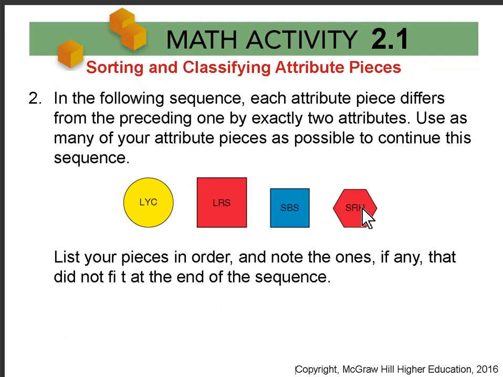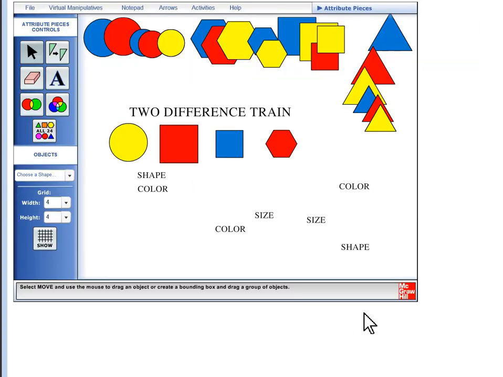For question 2, we'll do a two difference train, and your task here is again to try to get all 24 pieces. You can see in this example that from yellow to red is color, and from circle to square is shape. Then we go and we change color and size.